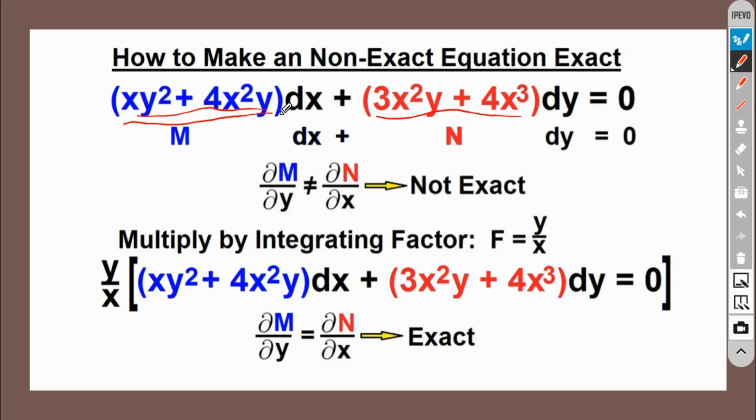And the partial derivative of N with respect to x will be 6xy plus 12x square. So the partial derivative of M with respect to y and the partial derivative of N with respect to x are not the same. So this is not exact.